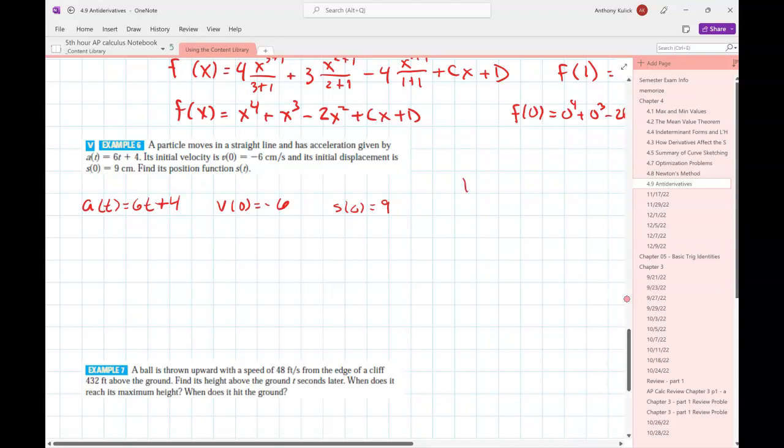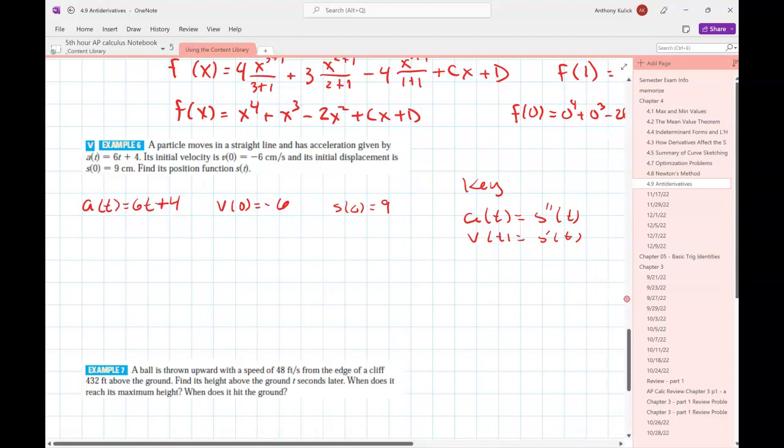So this is the key: acceleration is the second derivative of position. Velocity is the first derivative of position.